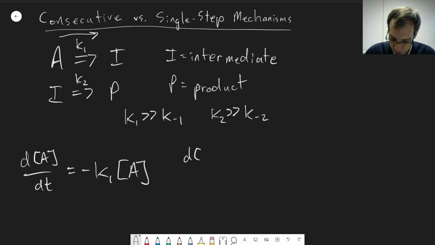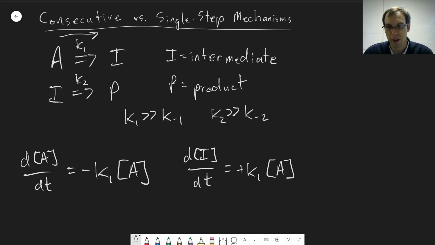Our second derivative here is how does I change as a function of time? Now here we have two different things. First, I is produced as A reacts, so that rate will depend on A. That's from reaction number 1.